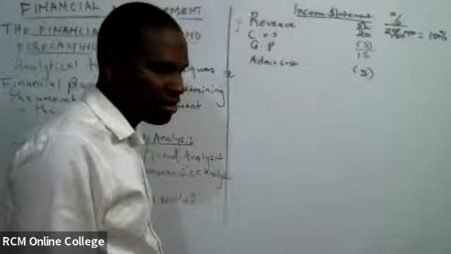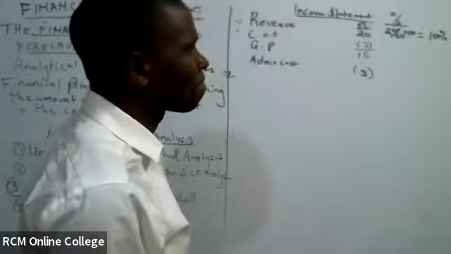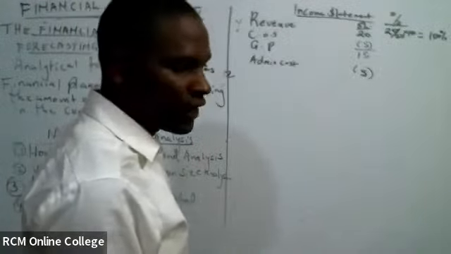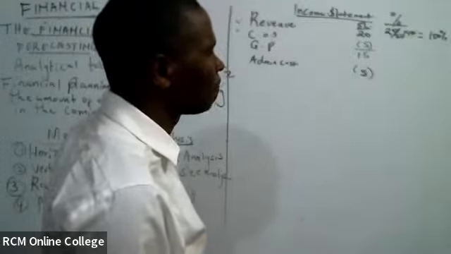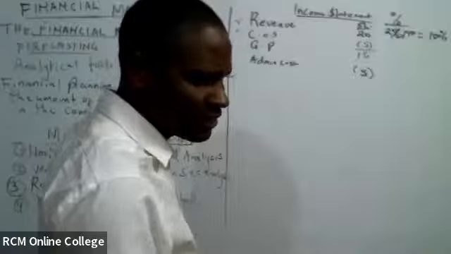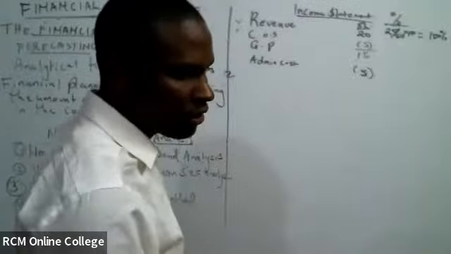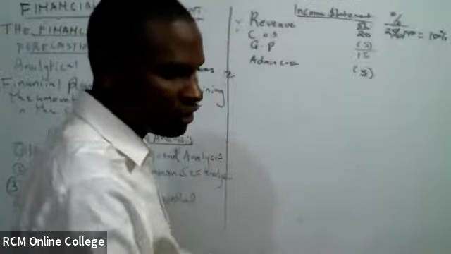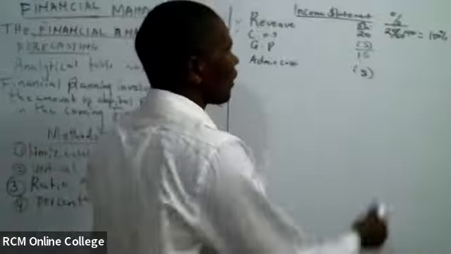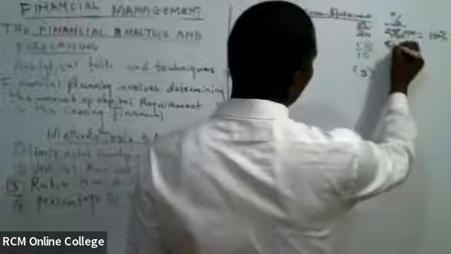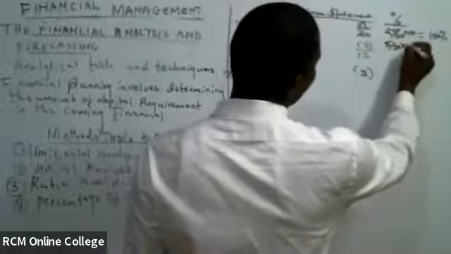Unlike in the other method, where you can get even more than 100% in a certain item. For example, in the horizontal method, we're looking at the trend, which can even go to 500%. The cost of sale will be 5 over 20 times 100.